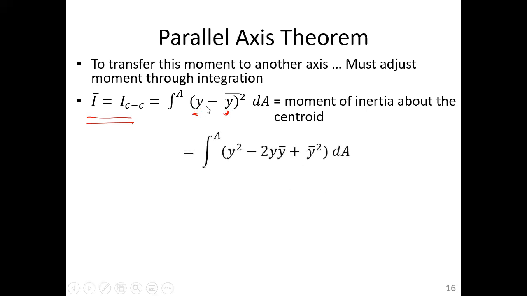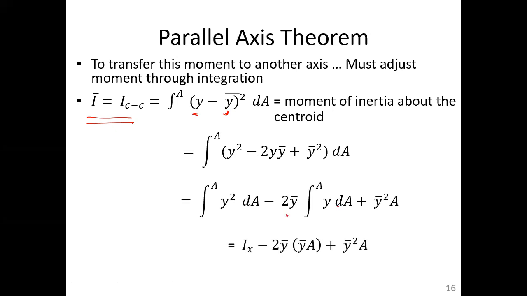So what you would do is take that (y minus y bar) squared term, expand that out, and then pass the integrand through each of those terms. And again, I'm not holding you to derivations, plus this is all review.